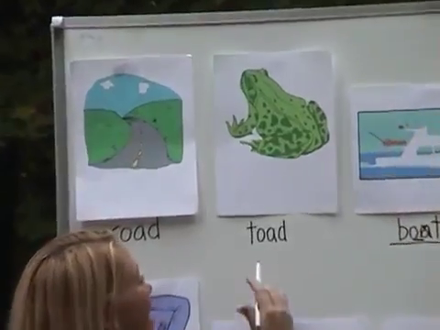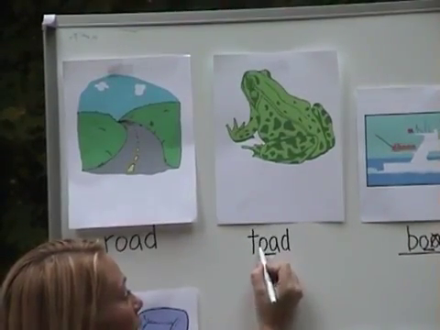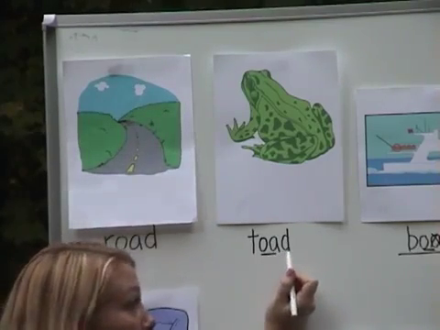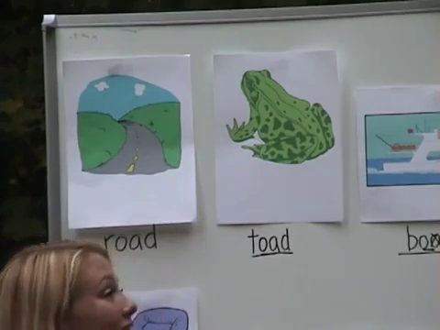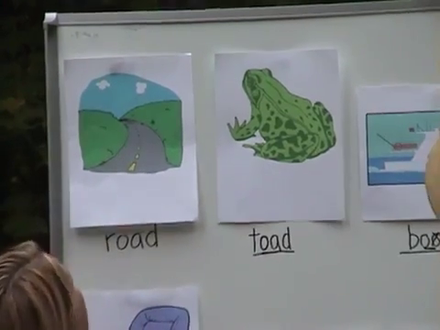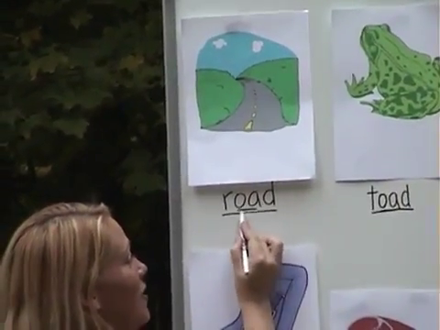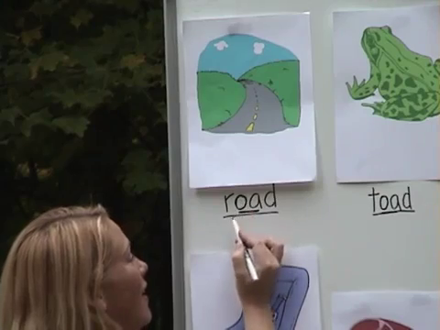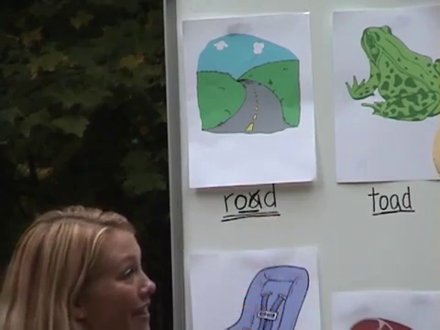He is cute. And when two vowels go walking, the first one in the word toad, it's the O, is going to do the talking with the long sound. Toad. I get it. And here we have the word road. Two vowels are walking together, and the first one does the talking. R-ode. The second one is silent.